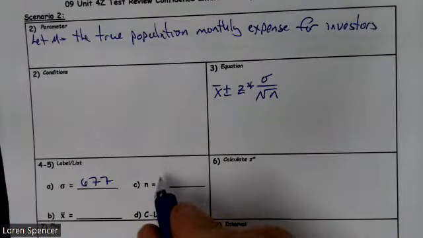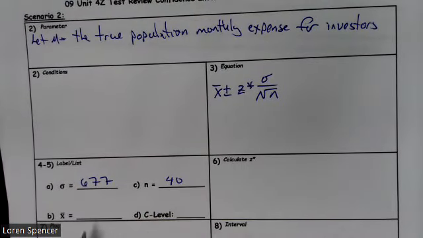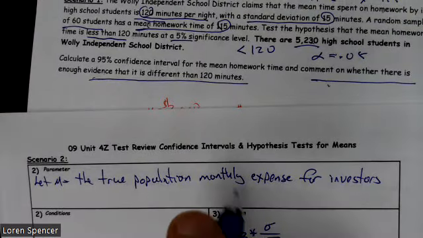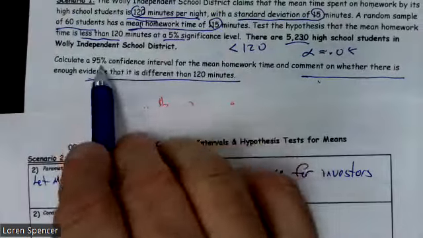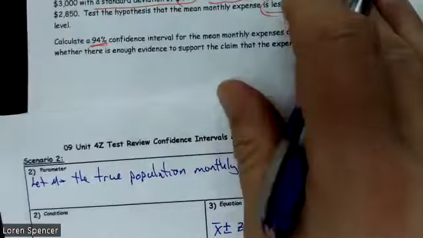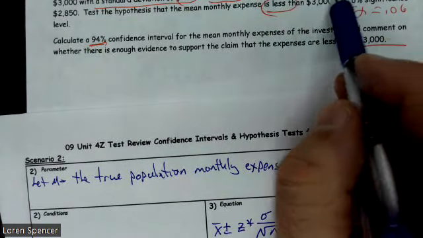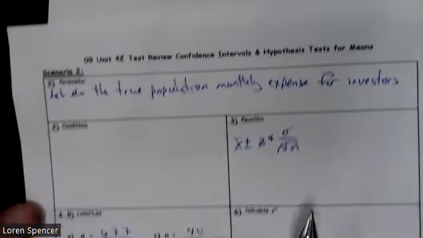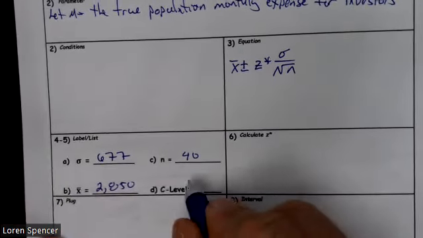Our sample size was 40. Our X bar that came from the sample mean was 2,850. And our confidence level, they said run a confidence test of 94%. So we need to make that confidence level 0.94.